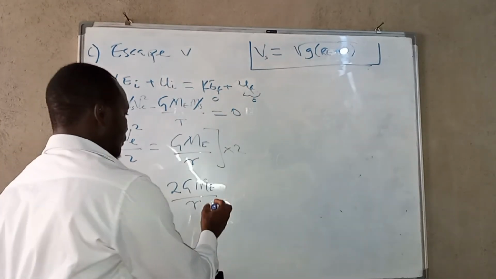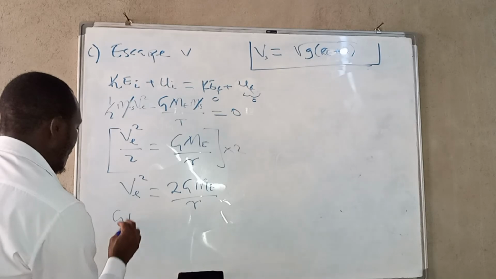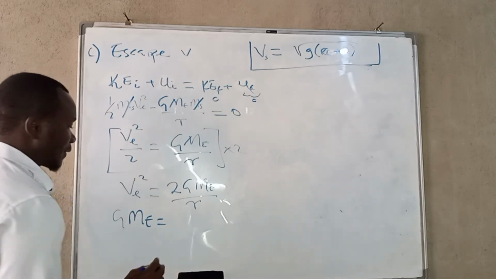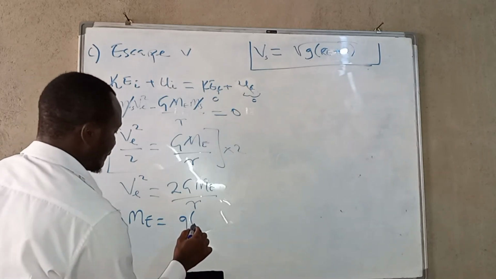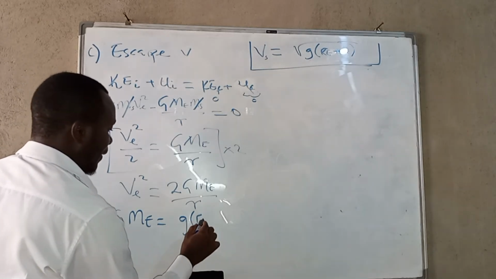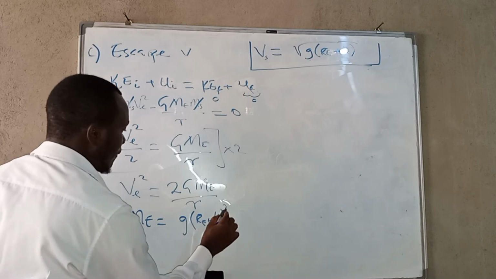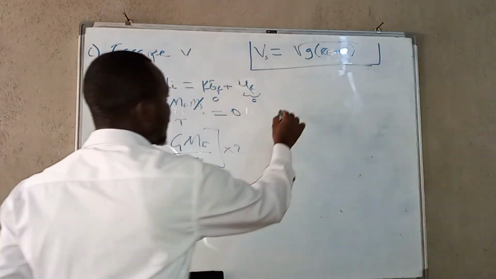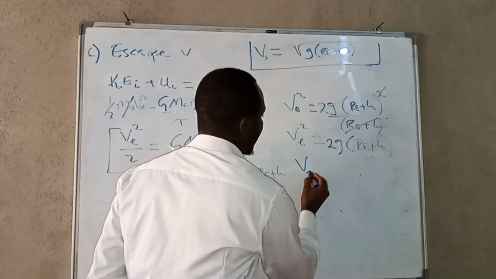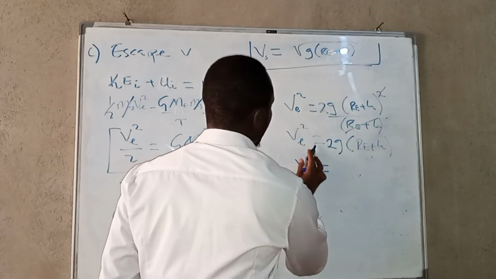From the relation that we just had, GM is equal to g times (RE plus H) squared. Putting this in, we're going to have VE squared equal to 2 g (RE plus H).